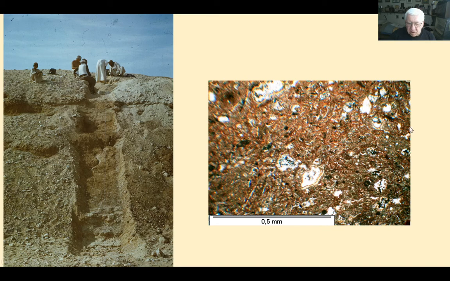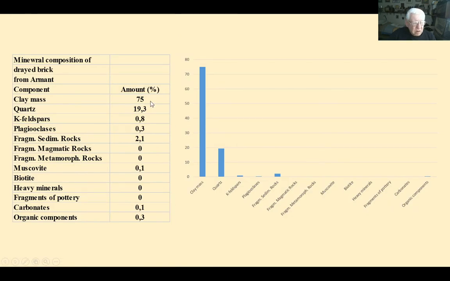These dried bricks are composed of Nile silts, of course. This is how it looks under the microscope. One example of bricks looks like this, and the mineral composition, as you see, is mostly clay minerals, clay mass and quartz, etc. Not too differentiated, but slightly different composition than in Hieraconpolis.